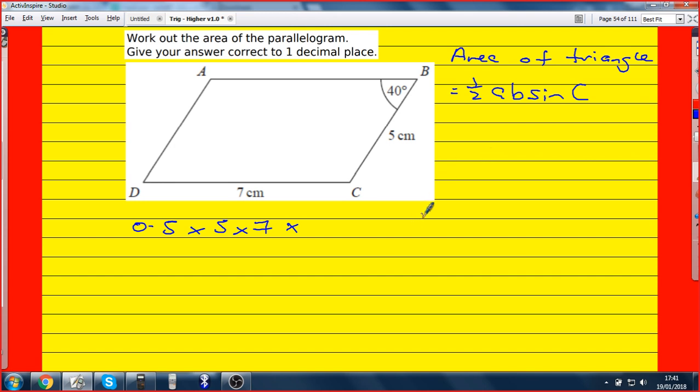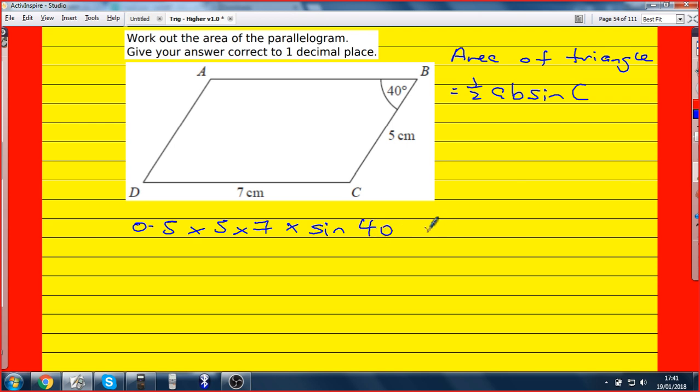Not cos. What's the formula? Oh, what? No. Is it? Yeah, it's always sine for the area. SOHCAHTOA is for right angled triangles. The whole purpose of the trig area of a triangle is that it's not a right angled triangle. If it was, you would just do a half times base times height.